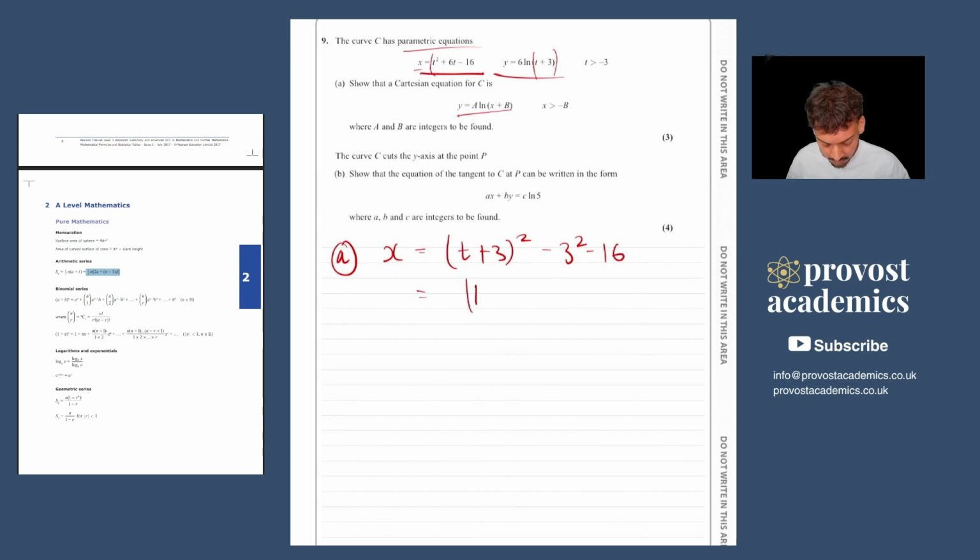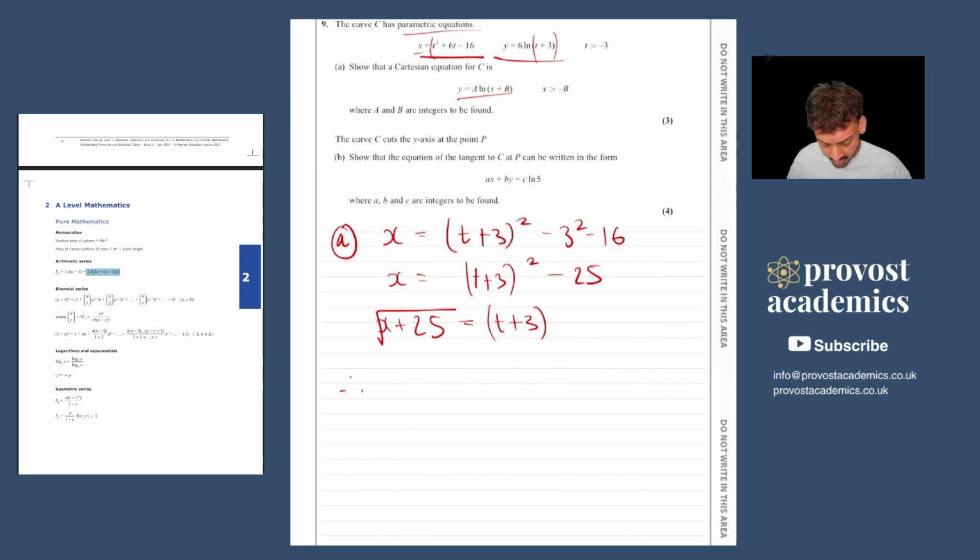So t plus 3 whole squared minus 25 is equal to x. So x plus 25 is equal to t plus 3 whole squared, and square rooted, that's t plus 3. So now I can say therefore y is equal to 6 ln of the square root of x plus 25.